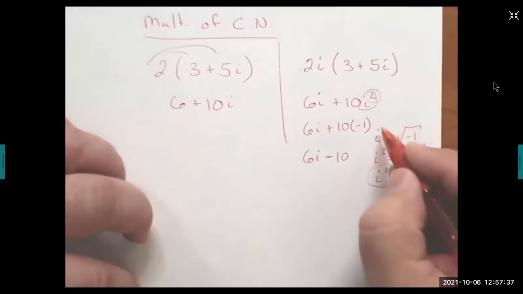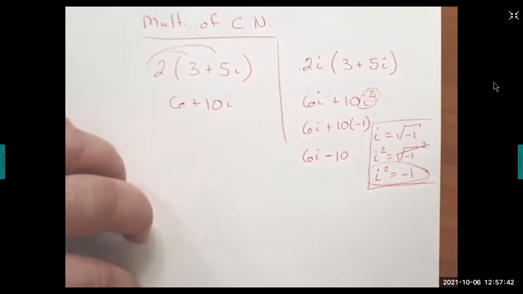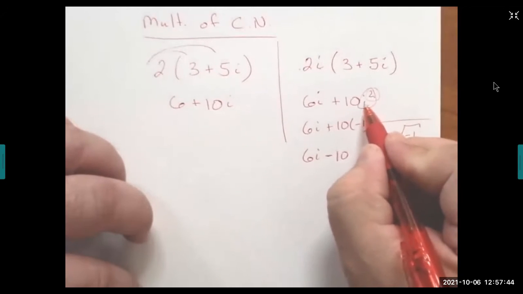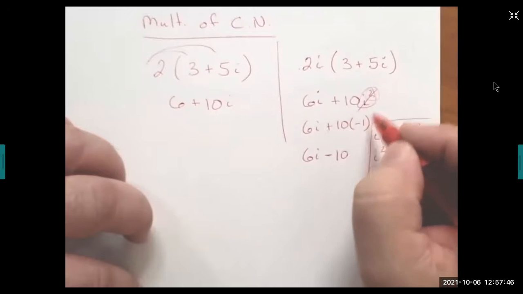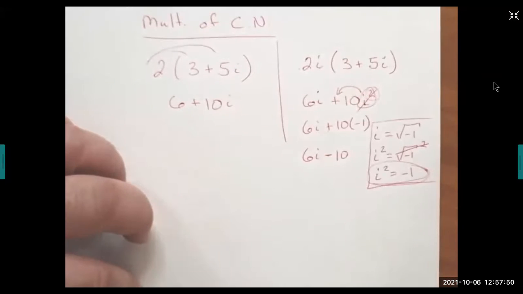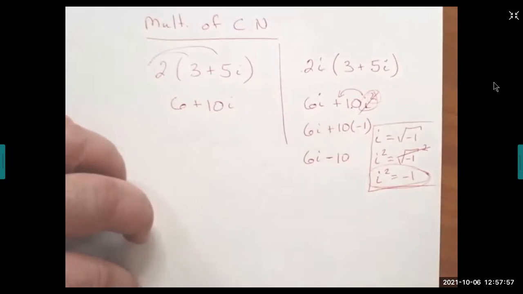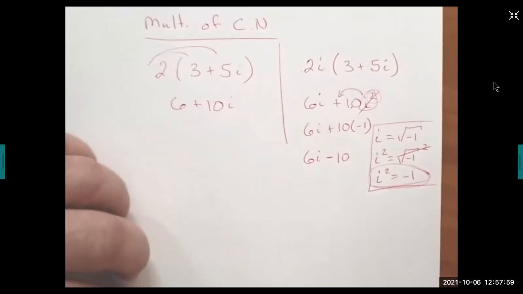So here's the true function of an i squared. If you have an i squared, just eliminate it and change the sign of its coefficient. That's all it's doing. We got rid of the i squared and changed the sign from +10 to -10. That's all it does, is change the sign in front of it.